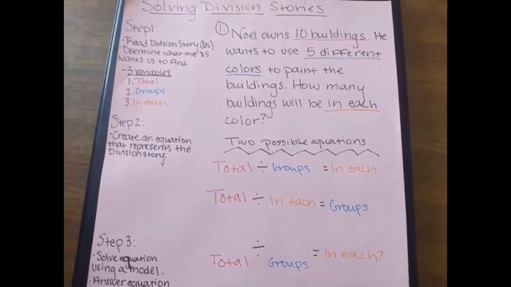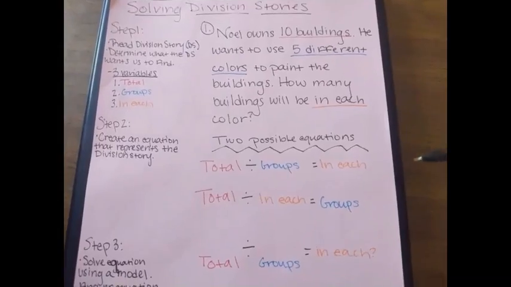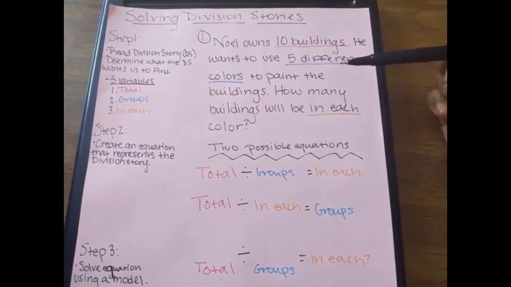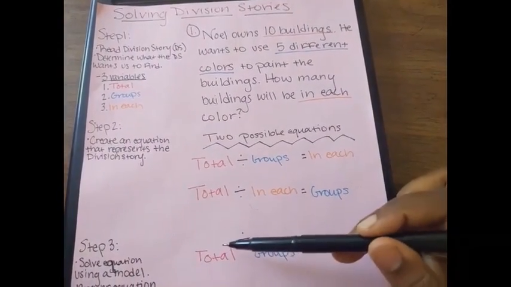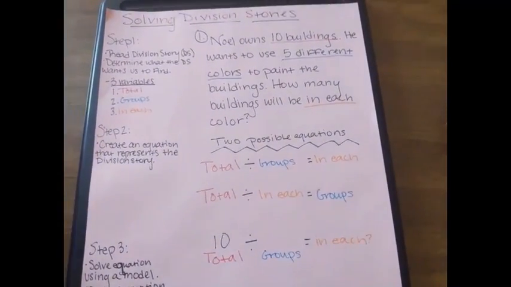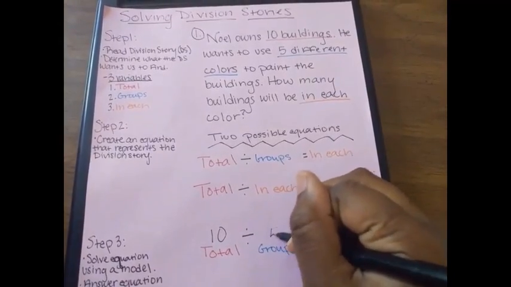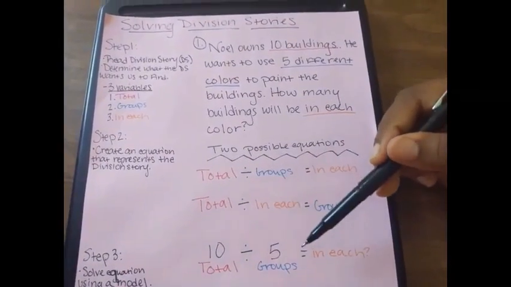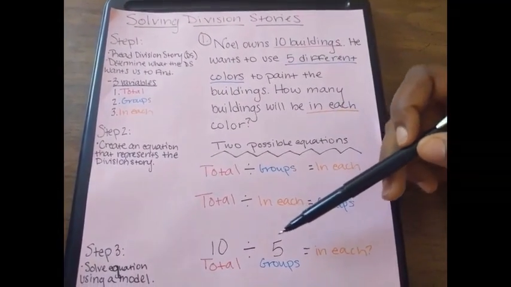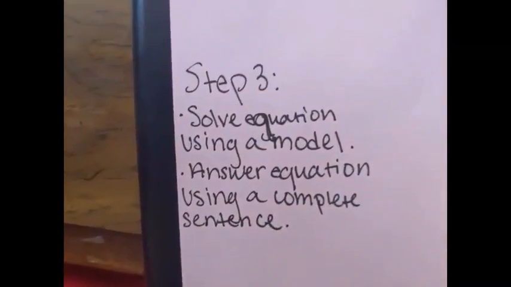When we are writing an equation that directly represents our division story, we have to plug in the information that our division story gives us into our equation. So, for our total, we will have 10 buildings. For our groups, we will have 5 colors. And this information will help us find our in each. We have created an equation that will help us solve to find our in each. So we're ready to move on to step 3.